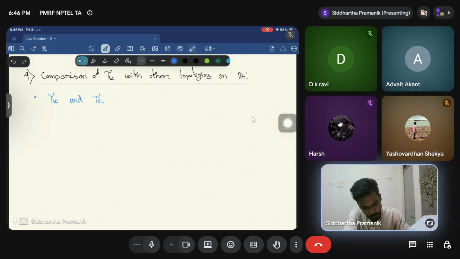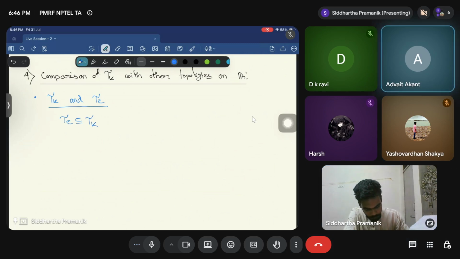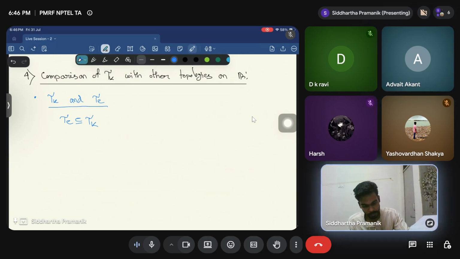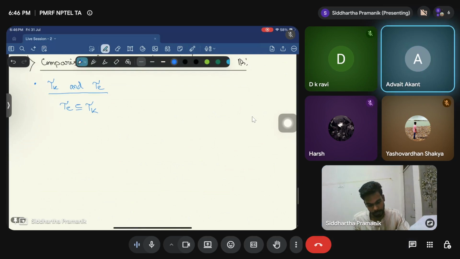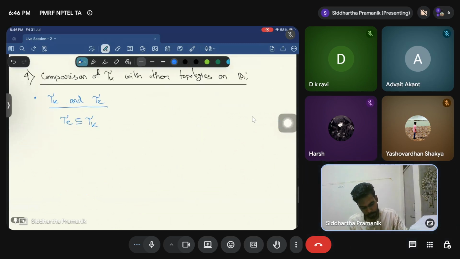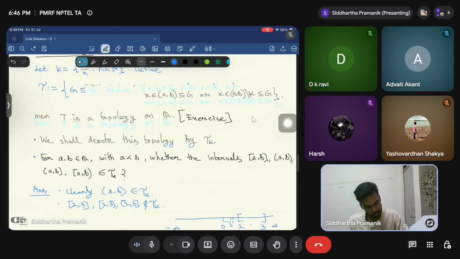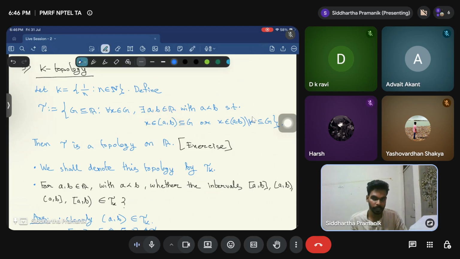Okay, so you are saying tau e is a subset of tau k. Yes, every element of tau e is an element of tau k. How to prove this? Just use the definition. This is in fact true, because open intervals are elements of tau k, and open intervals are the basis of the usual topology.